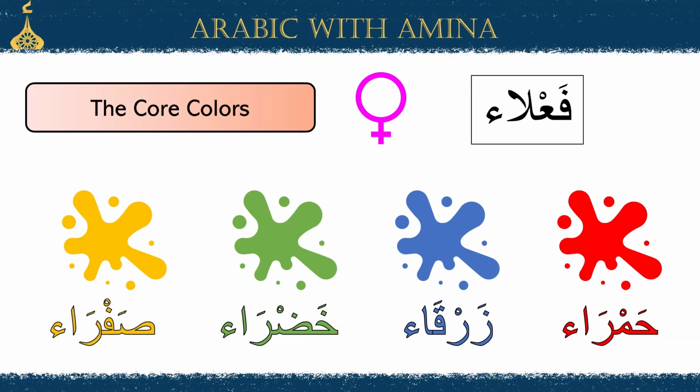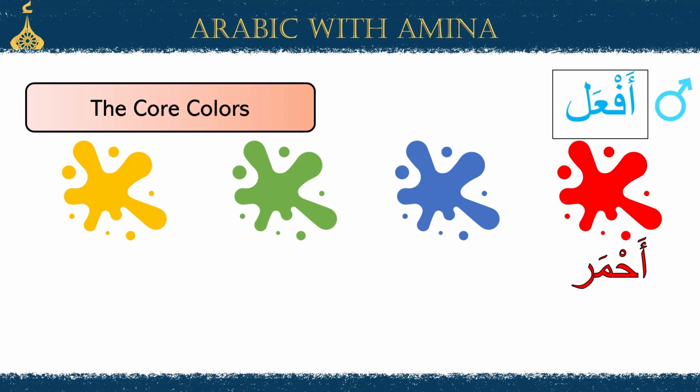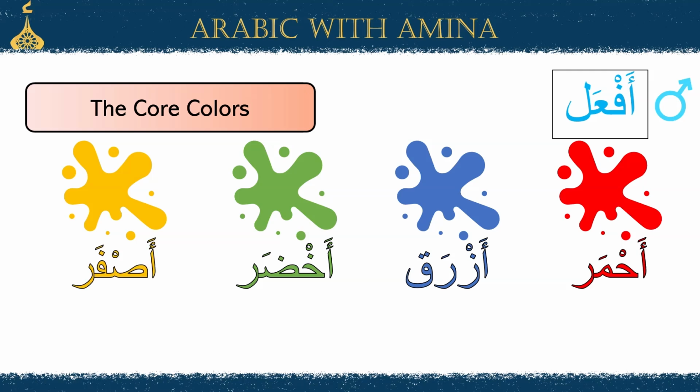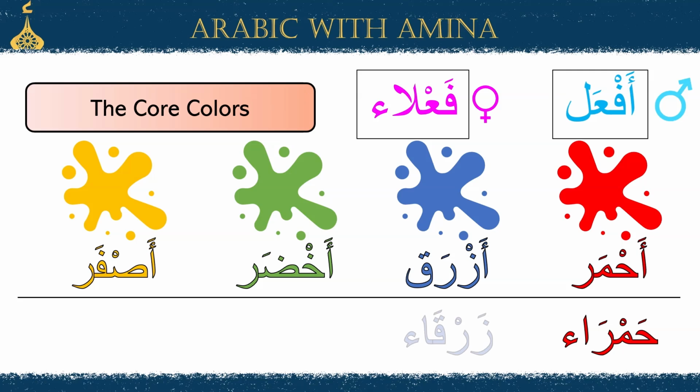You can now begin to see the pattern clearly, and understanding the structure will make learning other adjectives easier too. So the masculine form follows the pattern أفعل, such as أحمر, أزرق, أخضر, أصفر, whereas the feminine form follows the pattern or wazn فعلاء. So حمراء, زرقاء, خضراء, صفراء.